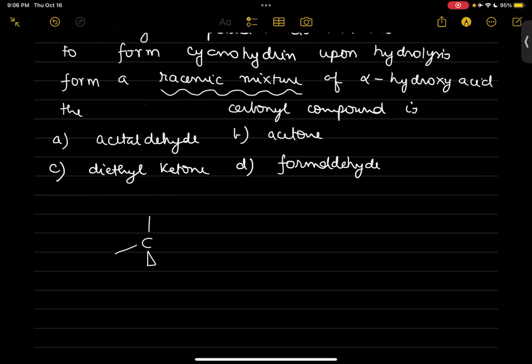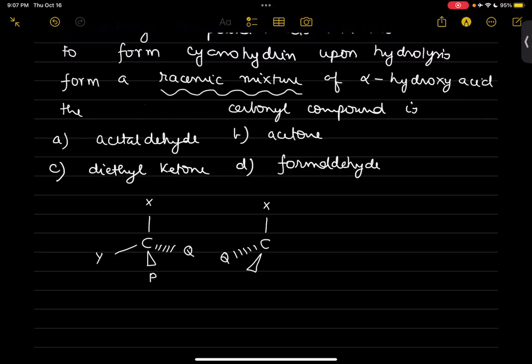Okay, when there are four different groups X, Y, P, and Q connected to a carbon, that is a chiral carbon, and that can exist in two different three-dimensional arrangements which are mirror images of each other. Got it?